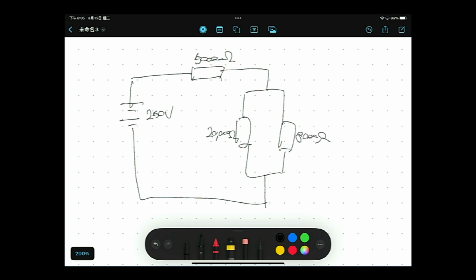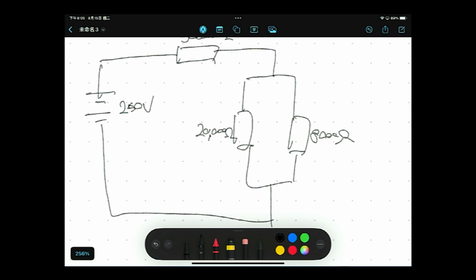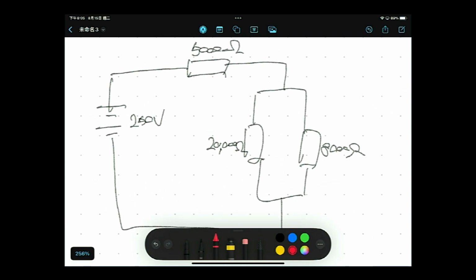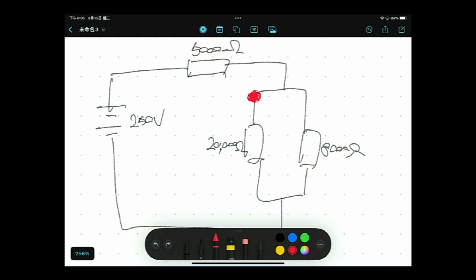So you have a circuit like this, right? You have to first analyze this part. You know that the voltage across these 2 points is the same, by Kirchhoff's law.